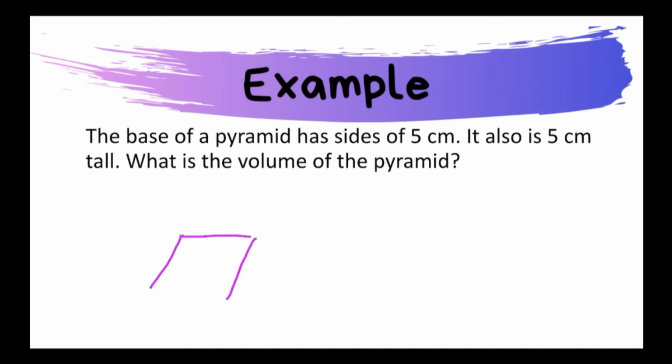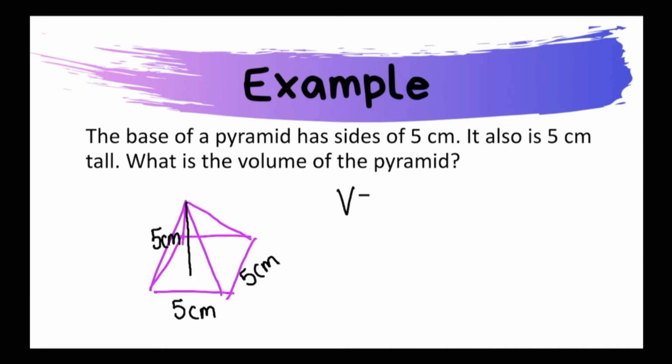So we're going to start by drawing out our pyramid, and then labeling all of our dimensions. So we have a length of 5 centimeters, a width of 5 centimeters, and a height of 5 centimeters.